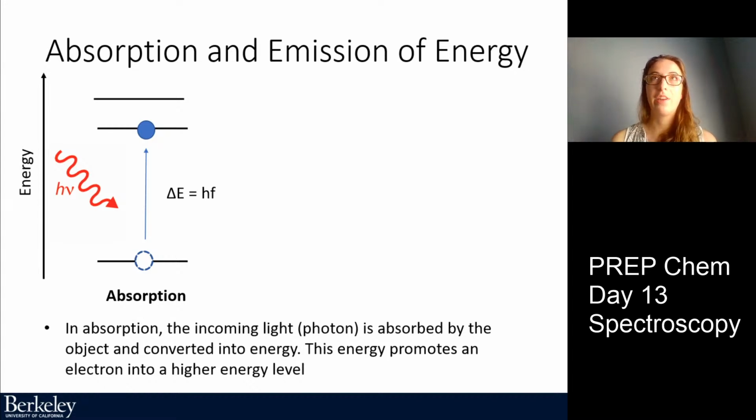So you can think of it like an energy balance, where you have your incoming light that has some fixed energy, and once the light has deposited its energy into the material, that energy has to go somewhere, right? What that energy ends up doing is promoting an electron into a higher energy level, just because energy needs to be conserved.